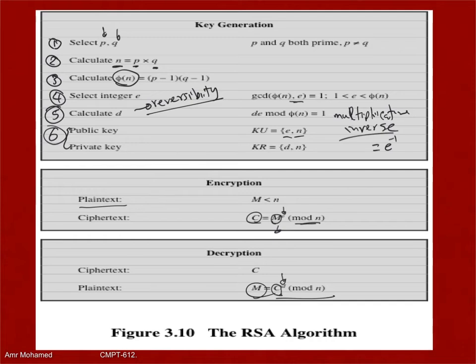We need to see how these steps lead to reversibility. In other words, if we raise the ciphertext to the exponent d, will that really lead to m or not? And if there is any condition for that, we need to know what it is.